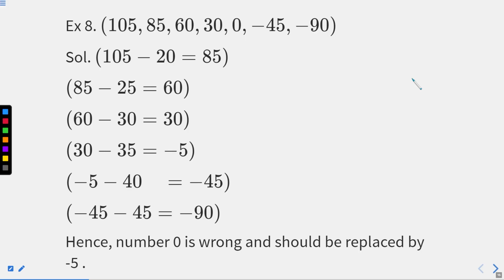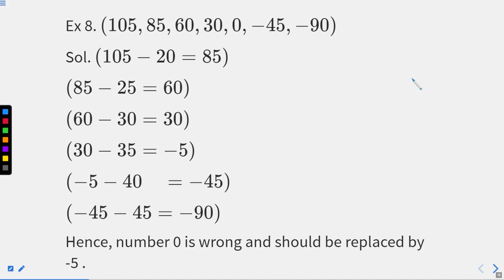Here you're able to see that numbers are decreasing and they are going till the negative number, right? So here you have to find the wrong entry because they are not asking for the further entry. So for that you need to figure out the basic thing. If we subtract 105 by 85, we are able to see a difference of 20.